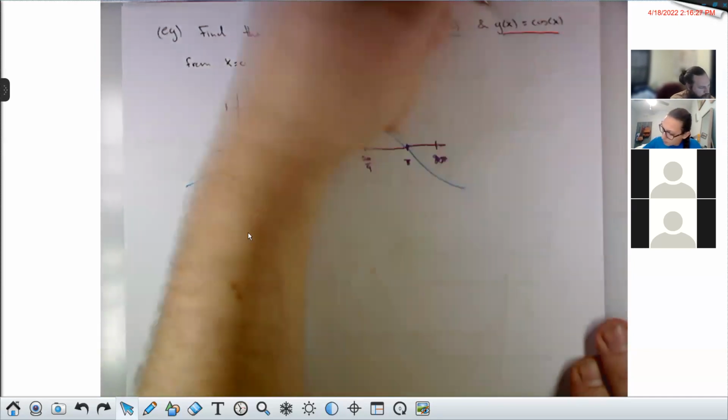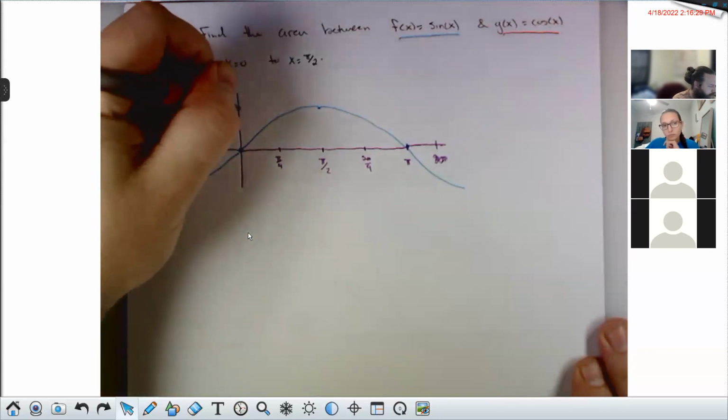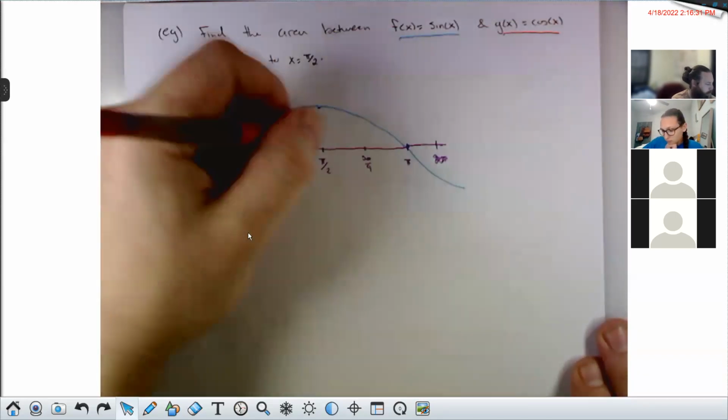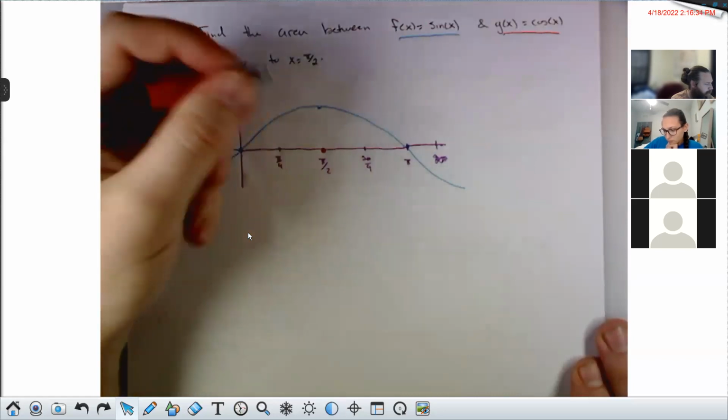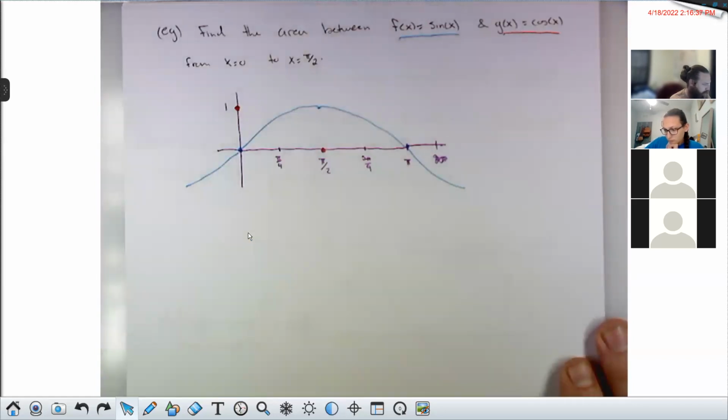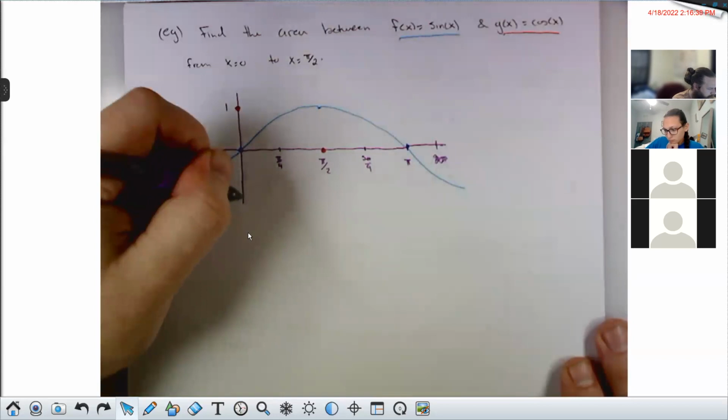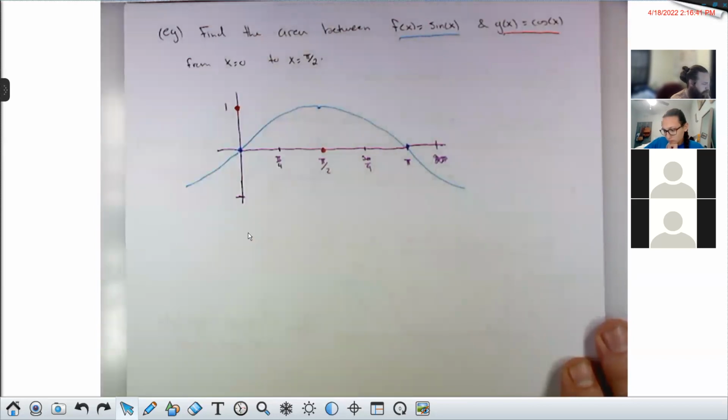Cosine, I'll graph in red. You know, cosine of 0 is 1. It's going to start up here. Cosine of pi over 2 is 0. And cosine of pi will be negative 1. We can go up to pi here.